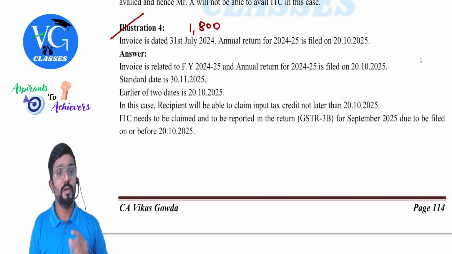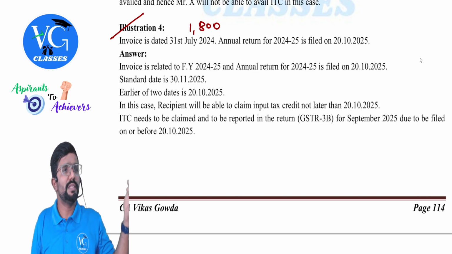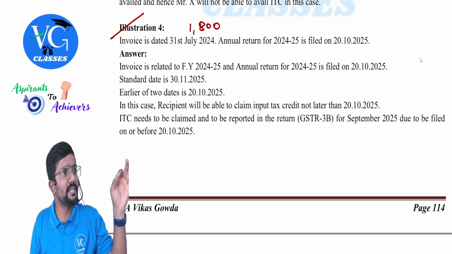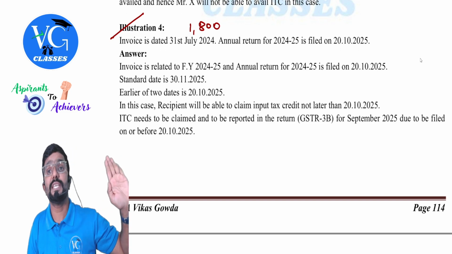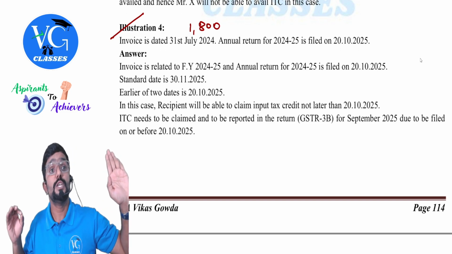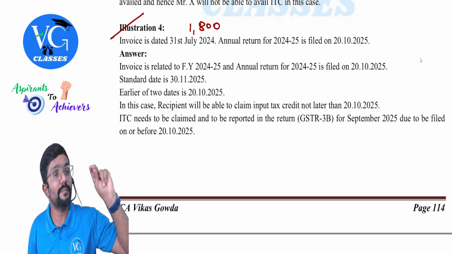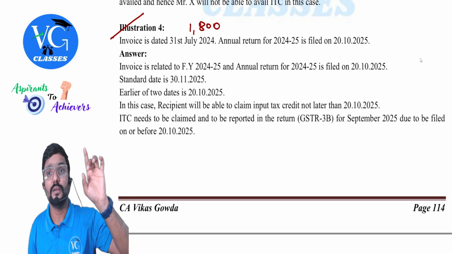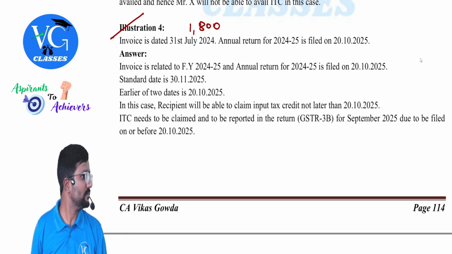So for now, which GSTR 3B will be filed on or before 20th October? The last return which he will file is for which month? September. September month GSTR 3B has to be filed on or before 20th October. So maximum he can claim the 1,800 credit in which month's return, guys? September 2025 GSTR 3B.